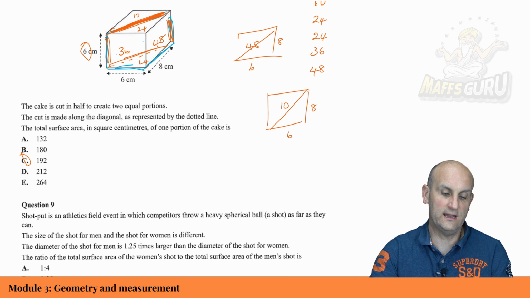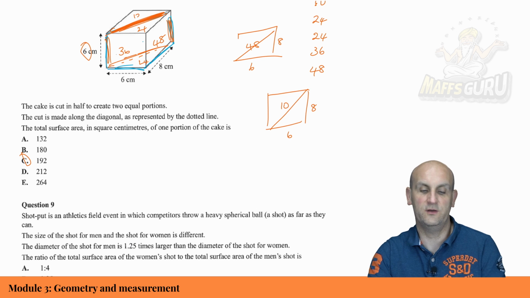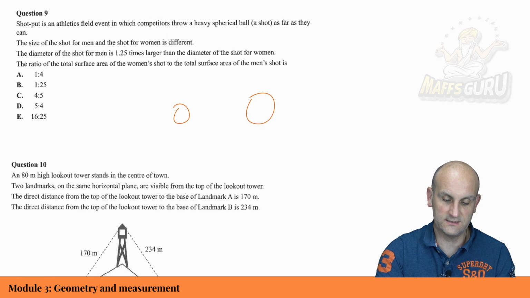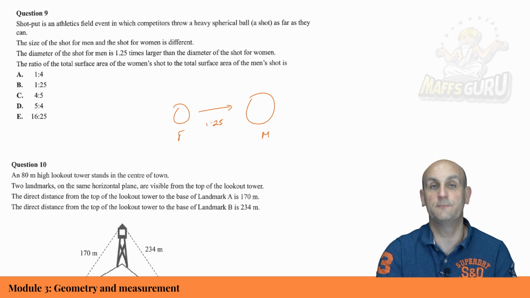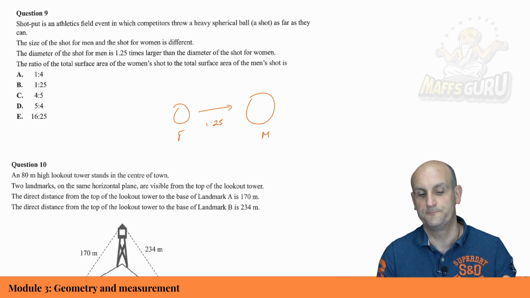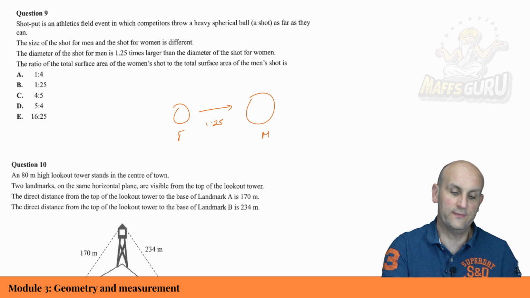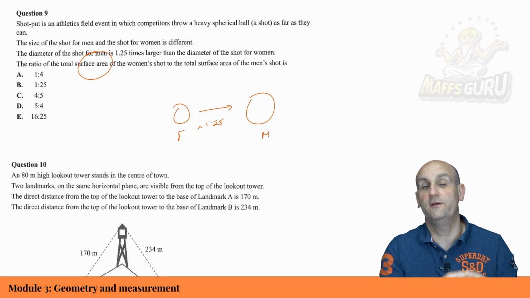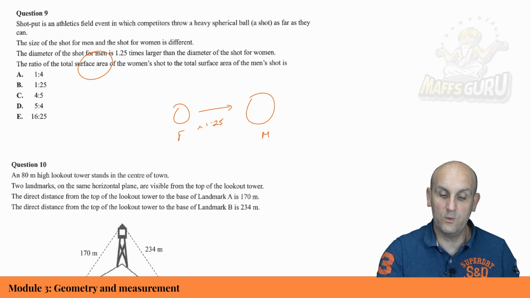Shot put is an athletic field event in which competitors throw a heavy spherical ball. Now, we ended up with 2 spherical objects, female and male, and we know that the multiplier was 1.25. That's the multiplier of length. Remember, because we're looking at the surface area, when you do a multiplier of an area, you take the multiplier of the length and you square it.